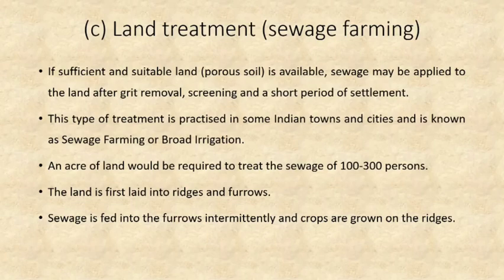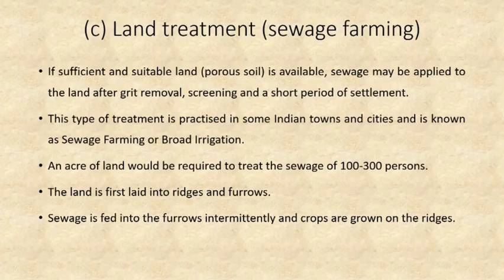So the sewage is applied to the land after grit removal, after screening and short period of settlement. This type of treatment is practiced in some Indian towns and cities, and it is known as sewage farming or broad irrigation.